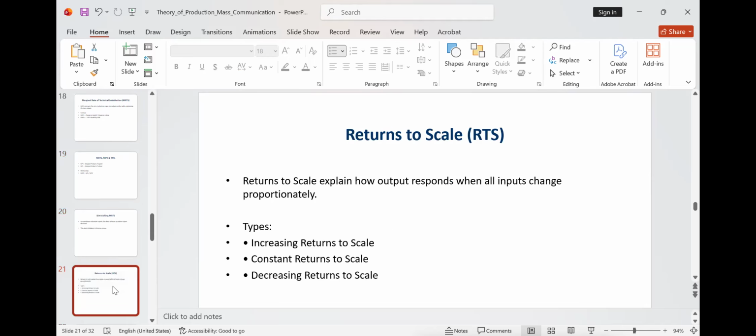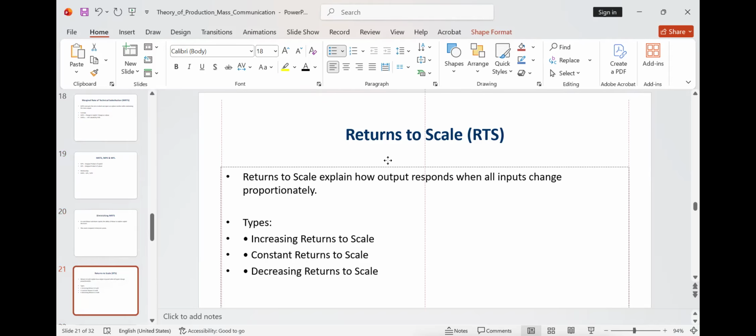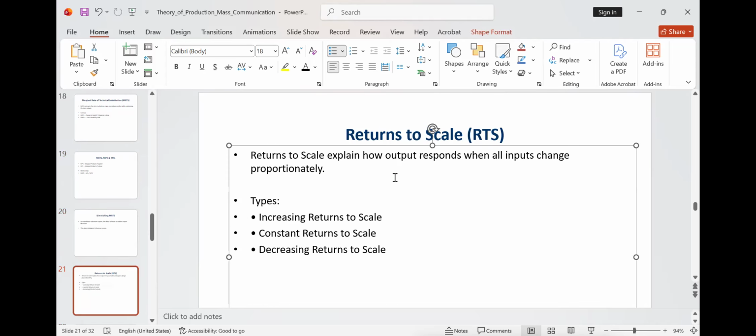Okay? So we also have another concept called returns to scale. Returns to scale explains how output responds when all inputs change proportionately.